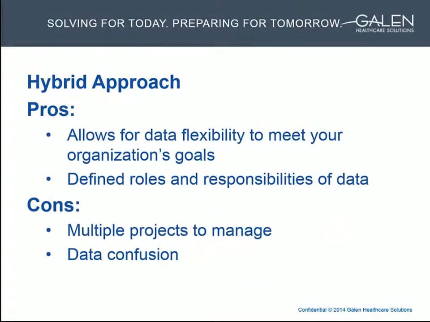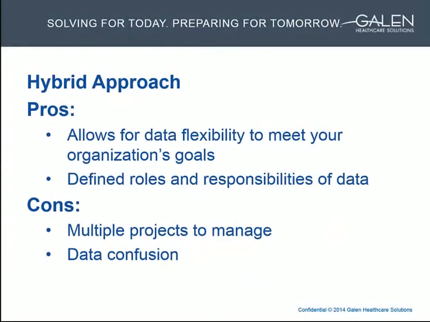For example, in a hybrid data migration, you may select to do a discrete data conversion for the last 2 years of your problems, meds, allergies, notes, and vitals, but then choose to do a chart summary or data archival for the last 10 years for your ambulatory patients and the last 20 years for your minor ambulatory patients.